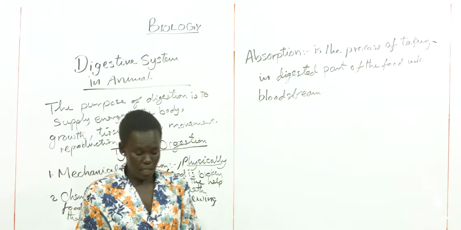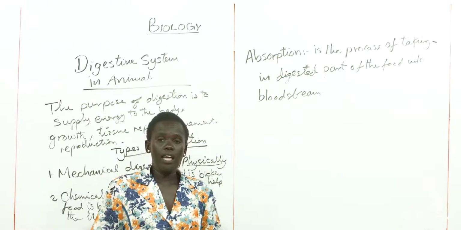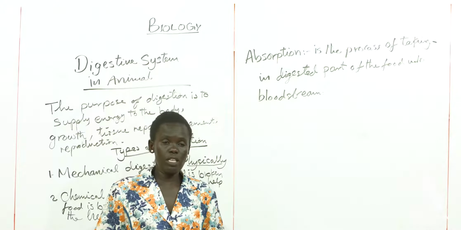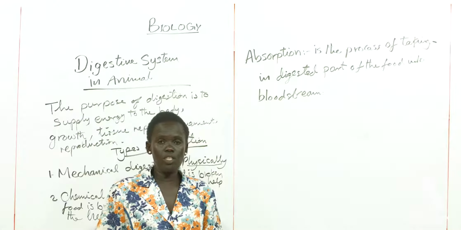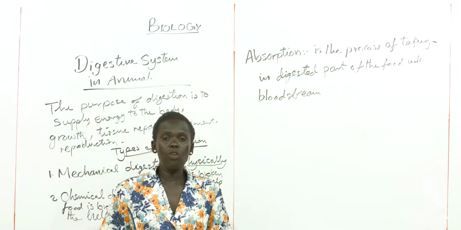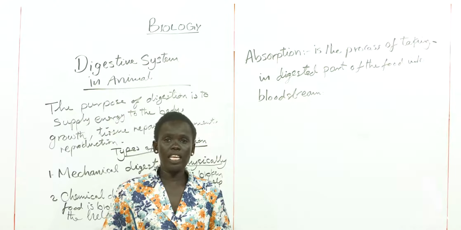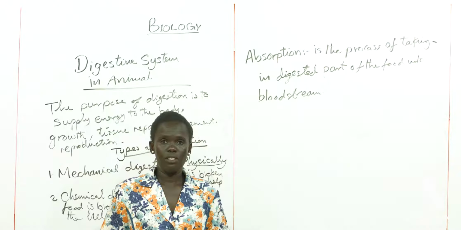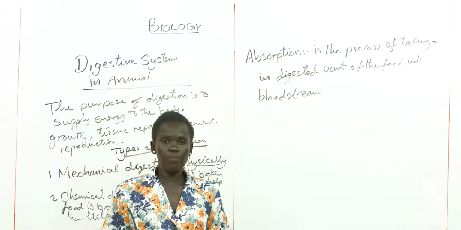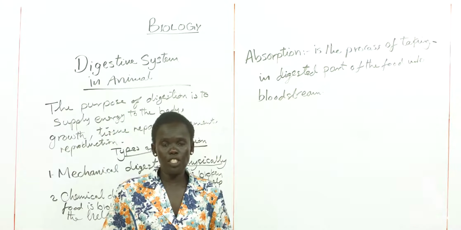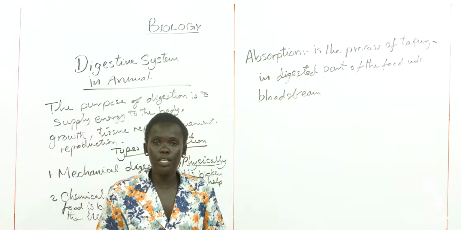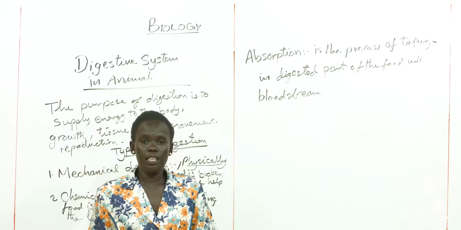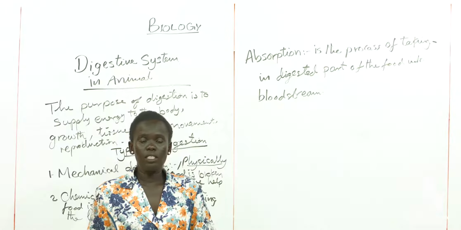Because digestion has a purpose. If the food is broken into the smallest nutrients, now the body can absorb them. The cell can access it. Reaching there, it is combined with oxygen to release energy, and that energy will help the body in carrying out various biological processes.